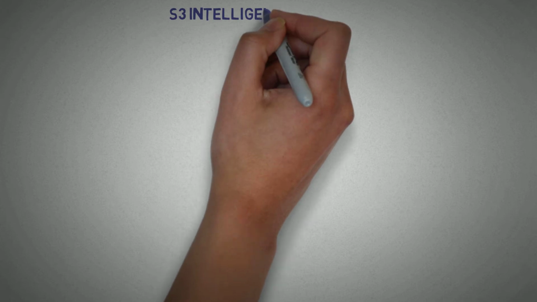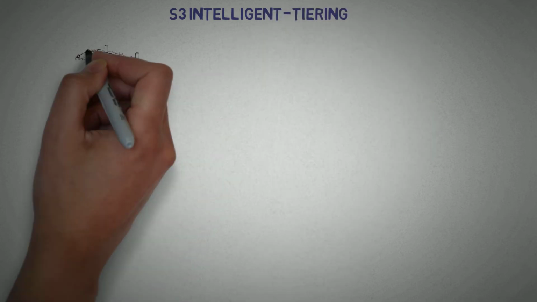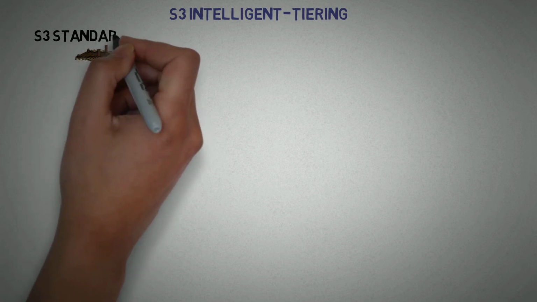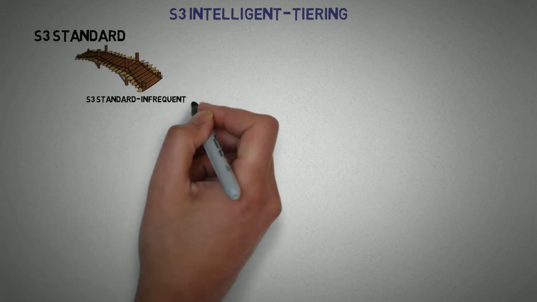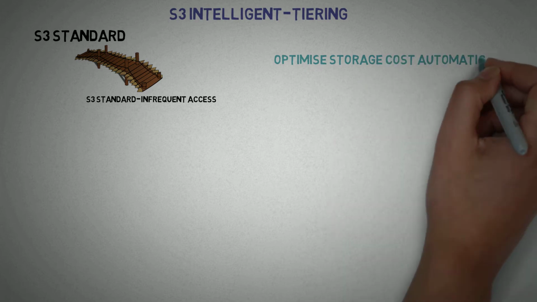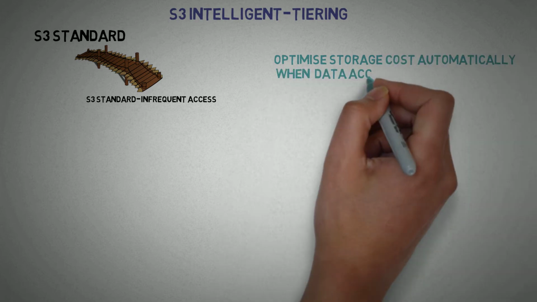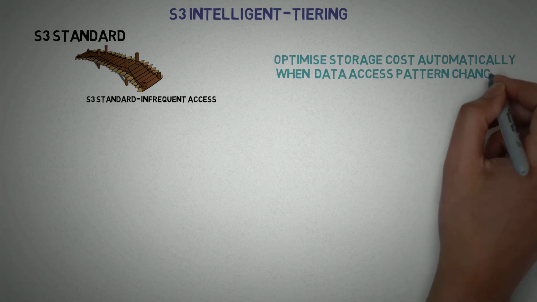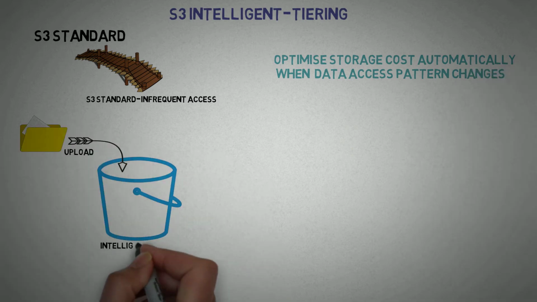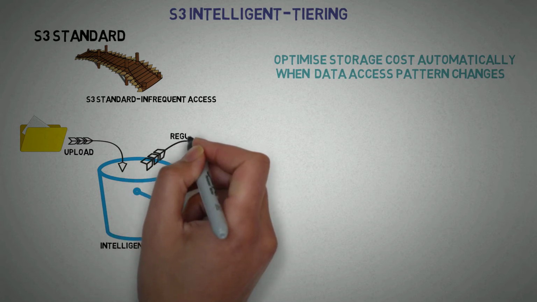Now let's discuss S3 Intelligent Tiering. This storage class is actually a bridge between S3 Standard and S3 Standard Infrequent Access. It is designed for customers who want to optimize storage cost automatically when the data access pattern changes. Let's say you upload some data on intelligent tiering and you were accessing the data regularly.